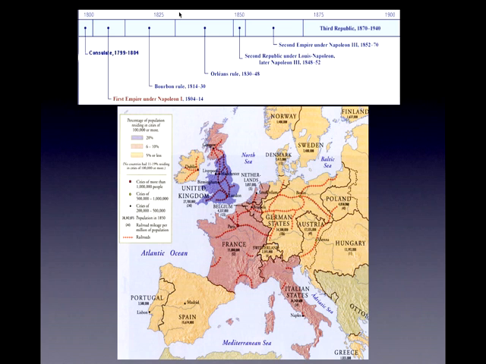The Bourbon monarchy in France was reestablished in 1814 when Napoleon was defeated. And the brother of Louis XVI, who had gone into exile, was proclaimed King of France, Louis XVIII. Louis XVIII ruled prudently.